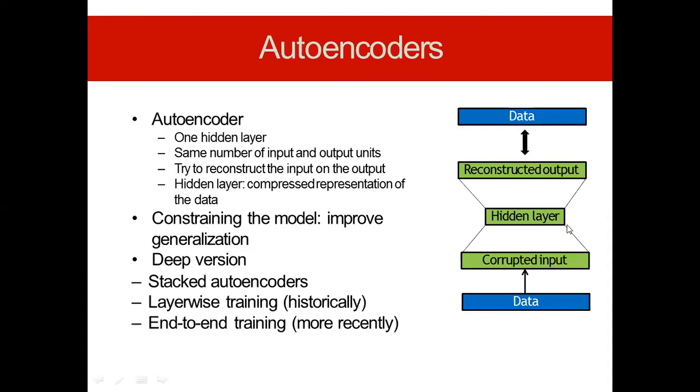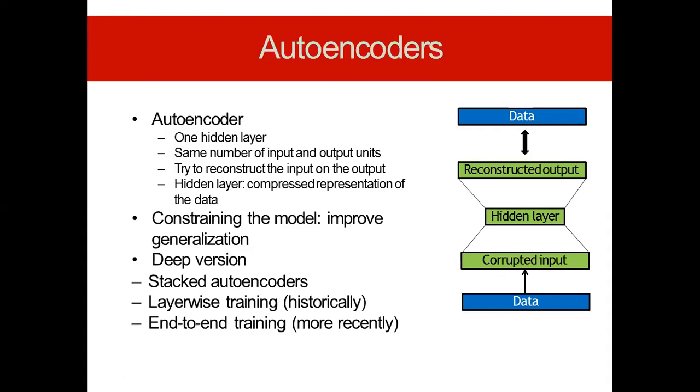You can prove that if you assume all the activation functions are linear, an autoencoder is essentially equivalent to matrix factorization or PCA in some sense.